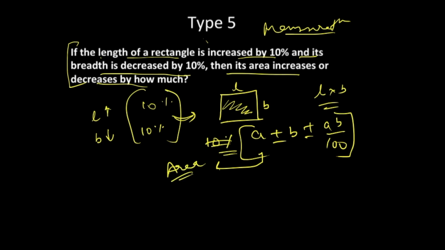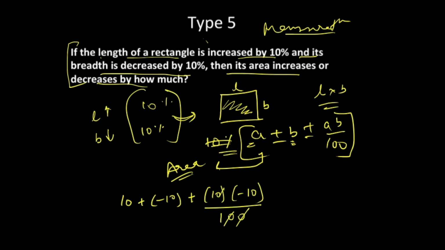So let's see how these changes are being applied to this rectangle. One of these values is plus 10 and one of them is minus 10. Why? Because there is a decrement of 10% in breadth. So we'll use 10 plus b is minus 10 plus, 10 is positive and another 10 is negative, upon 100.